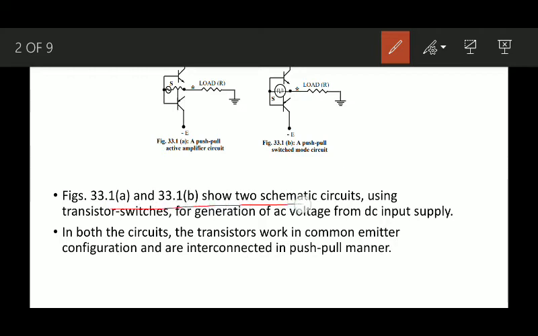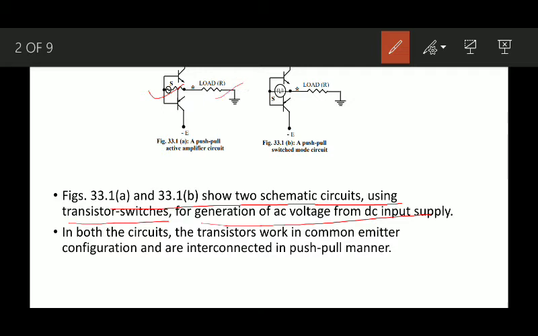You can see two symmetric circuits using transistor switching for generation of AC voltage from a DC supply. Each consists of two transistors, an NPN transistor and a PNP transistor, a combination of two transistors. There is a switch given here, and R is the load.